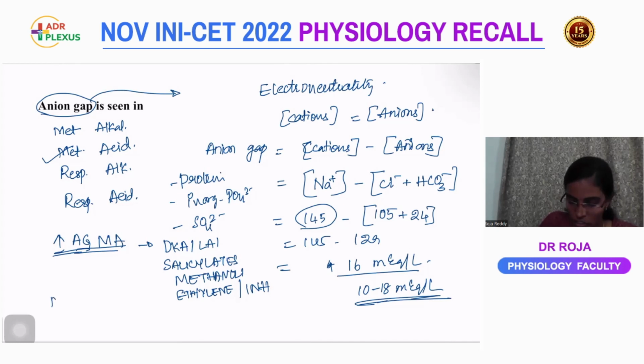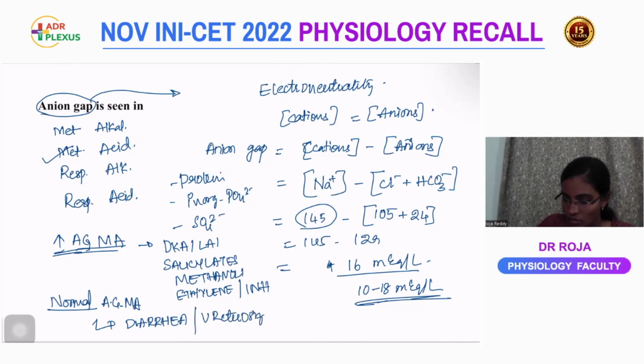And there are certain conditions which cause normal anion gap metabolic acidosis. What are those conditions? They are mainly diarrhea and any GI conditions like ureterosigmoidostomy. So what is happening in all these conditions?